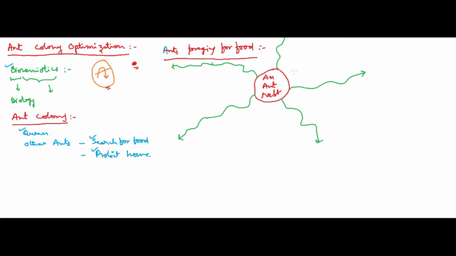For example, I have 5 ants. So ant 1 is going in this way, this is the way of ant 2, this is ant 4, and this is ant 5. In this way the ants are going.